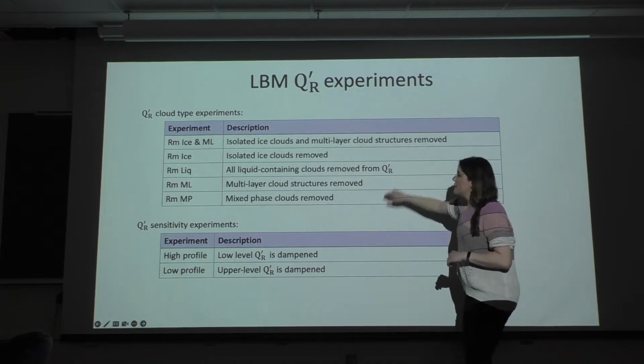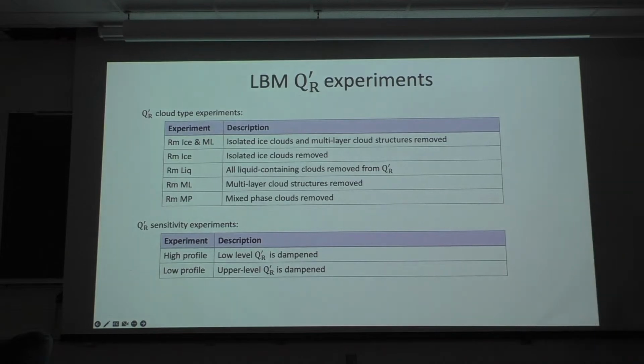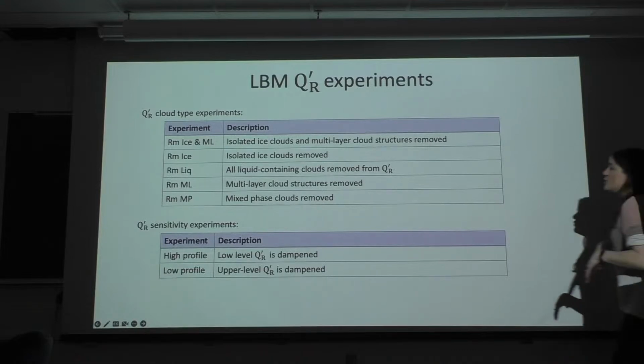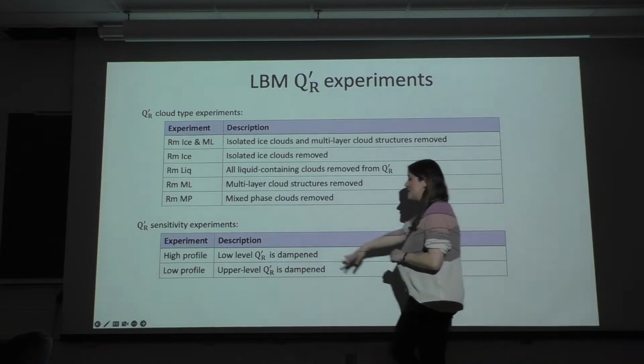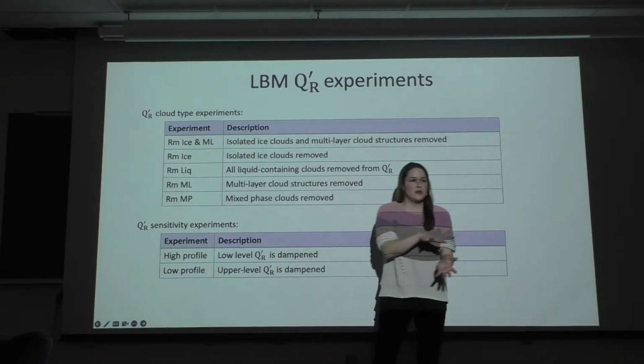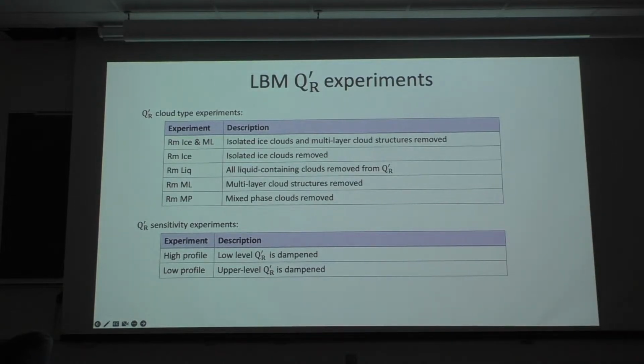We removed all liquid-containing clouds. We removed mixed phase clouds. Essentially, what happens if we remove these? What happens if they're not represented? How does our teleconnection response due to radiative heating change? And then we also did some sensitivity experiments to QR to try to understand how important that vertical structure of QR is.